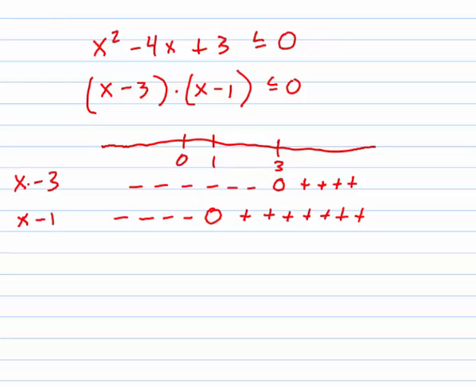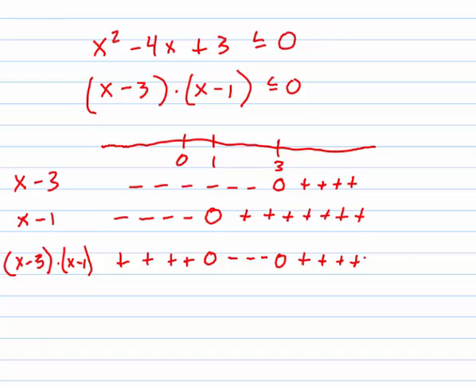Okay, if we multiply them together, negative times a negative is positive here. So we have x minus 3 times x minus 1, multiplying that, positive, positive, positive. Okay, it's 0 here because this one's 0. Then a negative times a positive is negative, negative, negative. 0 times a positive is 0, and then positive times a positive is positive.